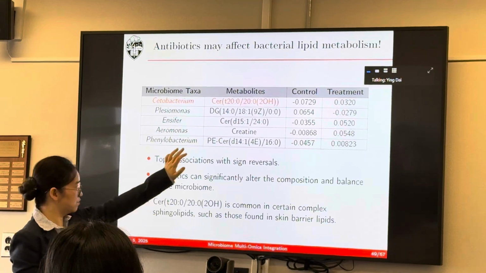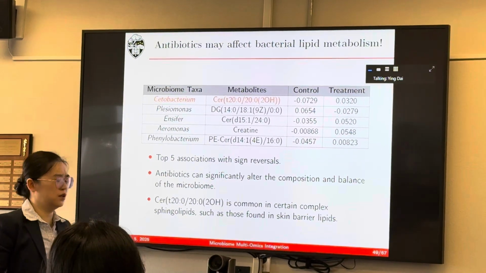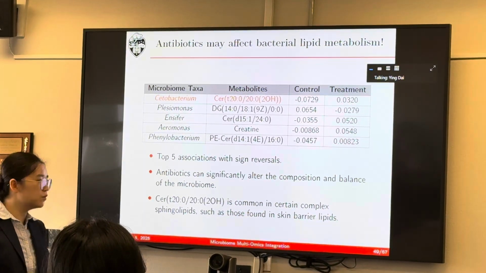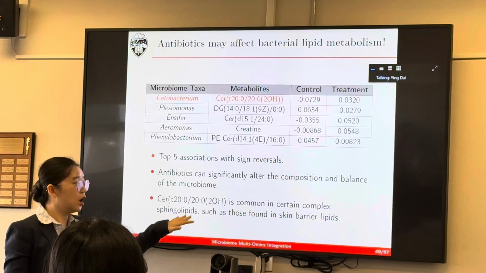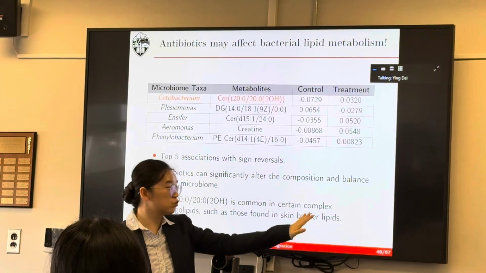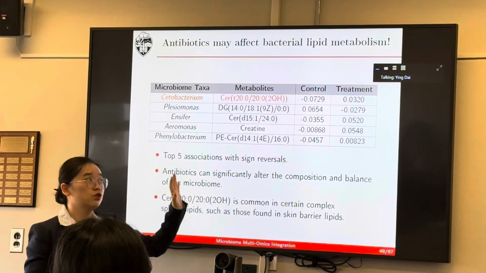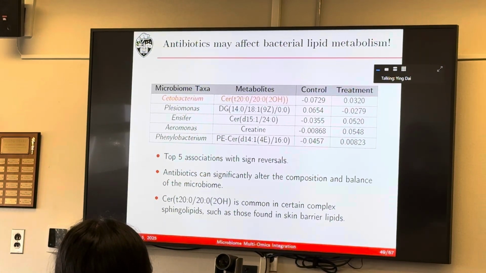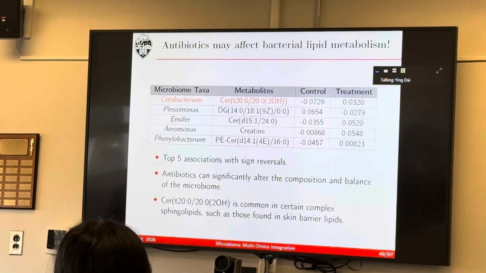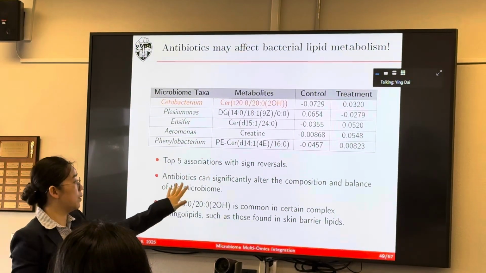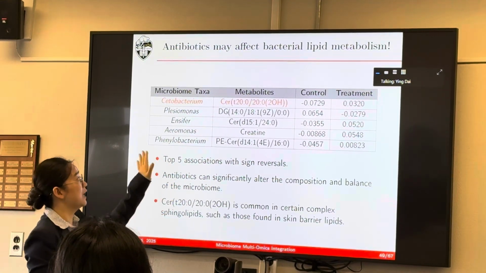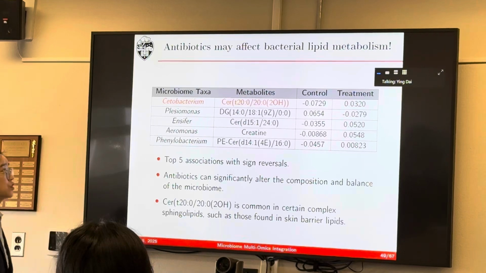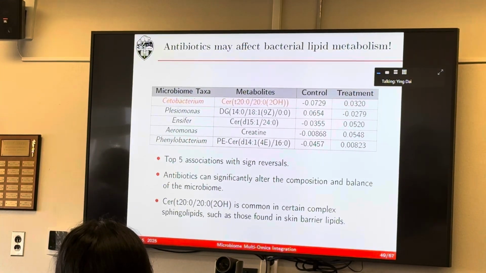And this third thing is ceramide, I think one type of ceramide that is commonly found in some sort of lipids. So the hypothesis that we could give here is that the antibiotics may impact the microbiome's abundance, and then eventually interfere with or affect the lipid metabolism.